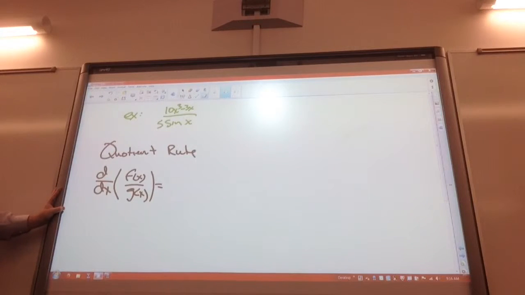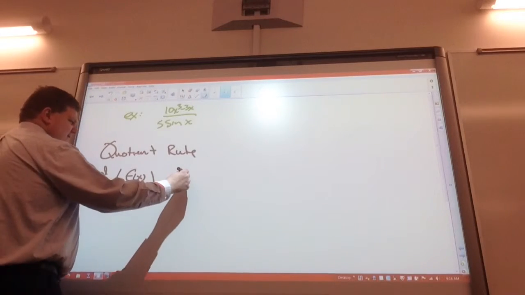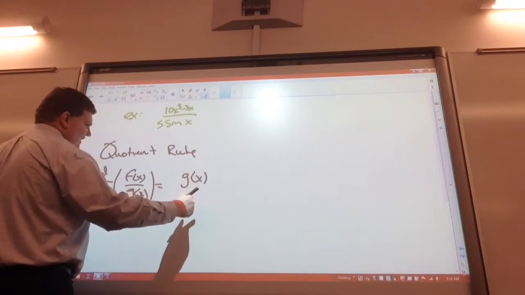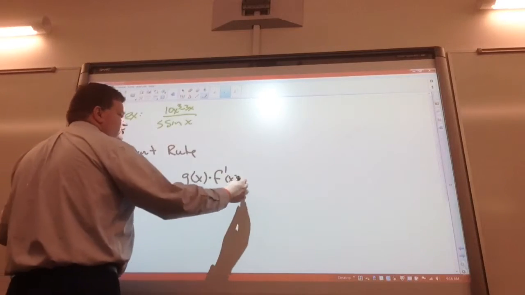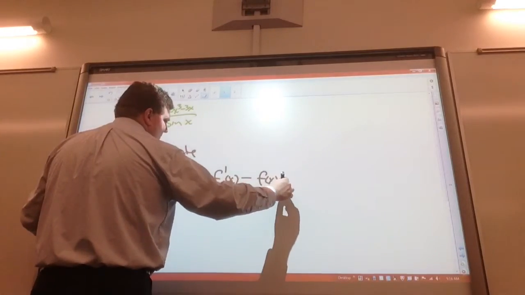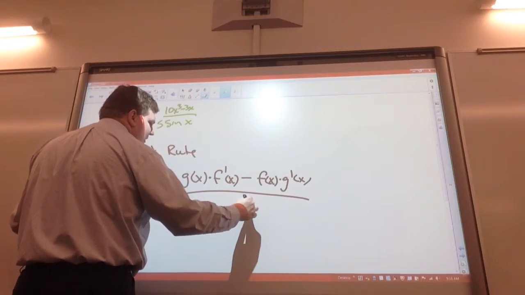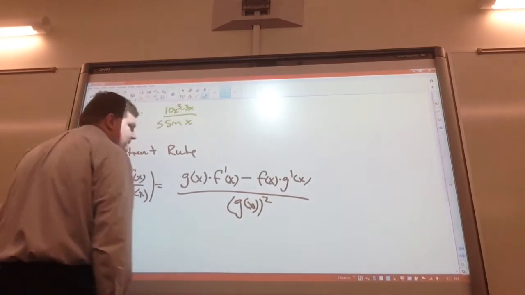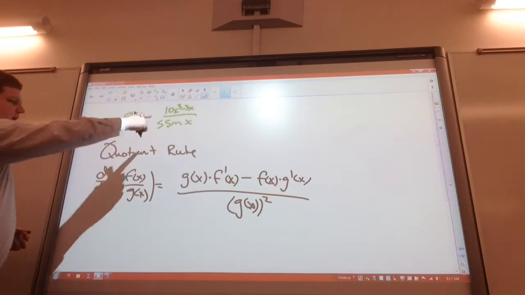The quotient rule looks nasty, and it kind of is, but it comes out to be: you take the bottom, leave it the same, multiply it by the derivative of the top, then subtract the top kept the same, but multiply it by the derivative of the bottom, and it's all over the bottom squared. So again, it's kind of nasty looking, and it is.